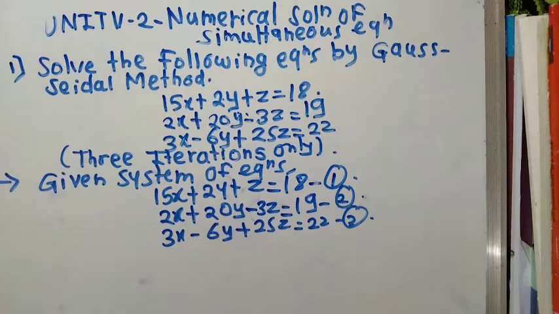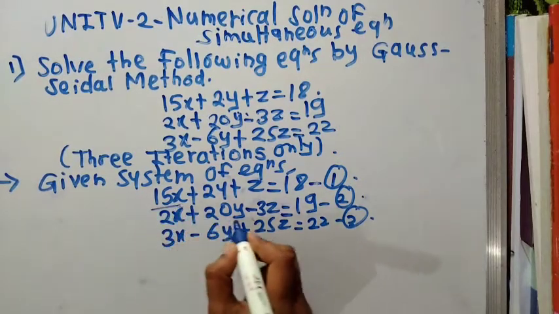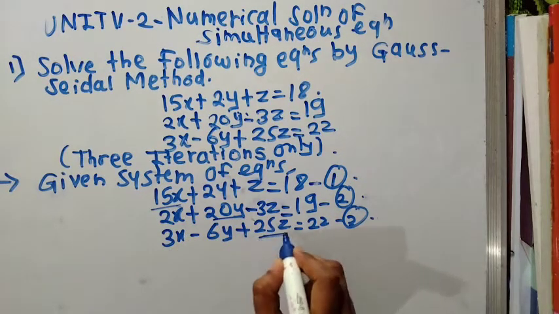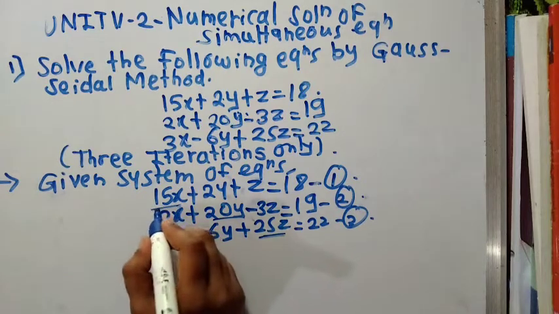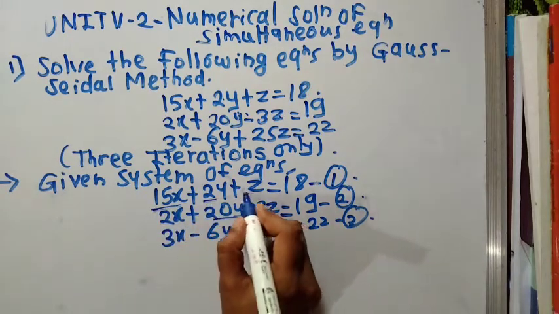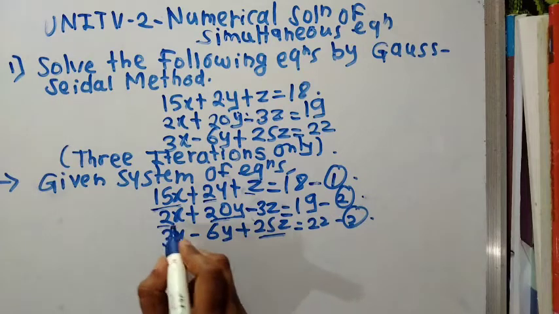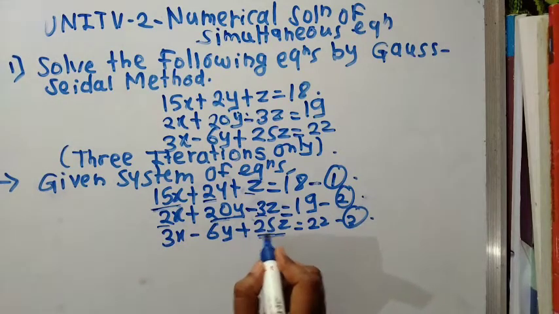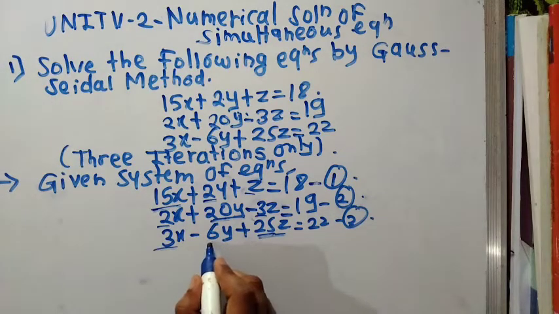And here the diagonal elements are 15x, 20y and 25z. So here 15 is greater than 2 and 1, 20 is greater than 2 and 3, and 25 is greater than 3 and 6.